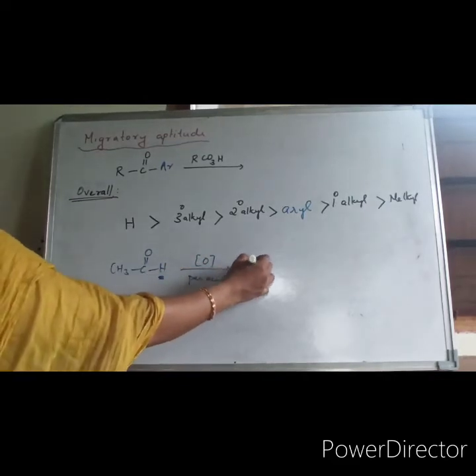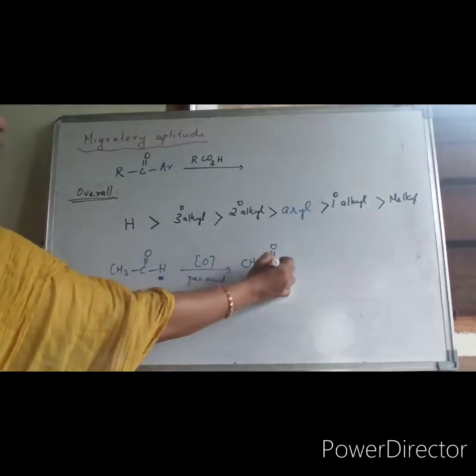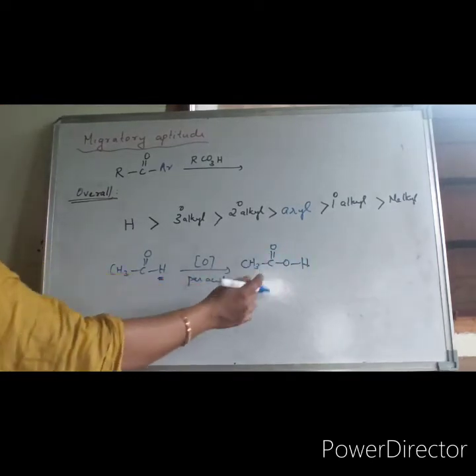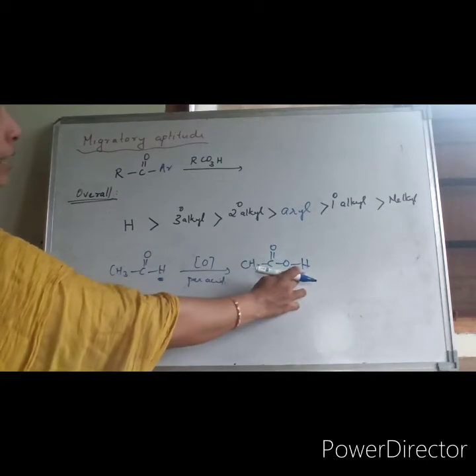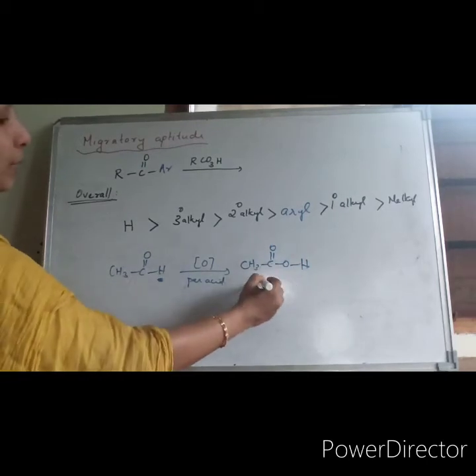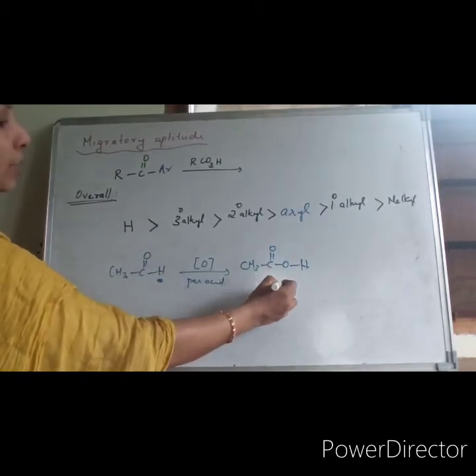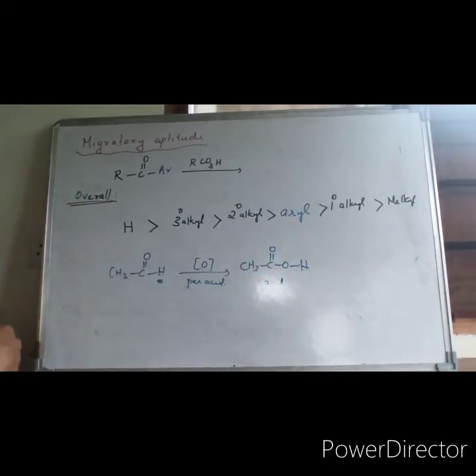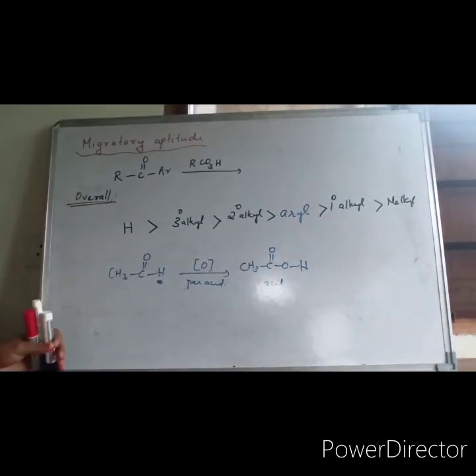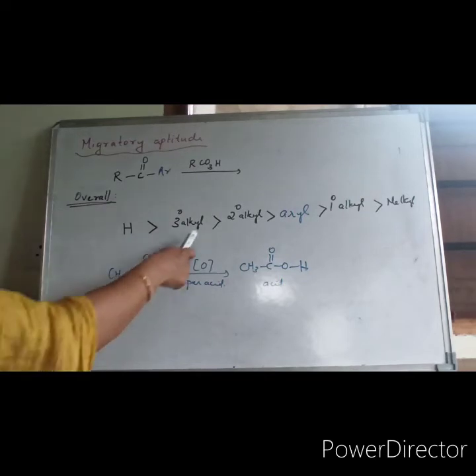So that means CH3 C double bond O OH. Hydrogen migration means here not alkyl group, so you are not getting an ester, you will be getting the corresponding carboxylic acid. So whatever the groups present, hydrogen will have greater migratory aptitude than any of the groups.